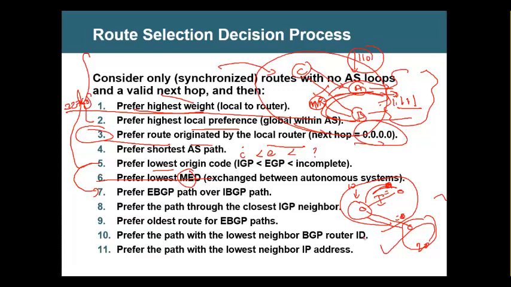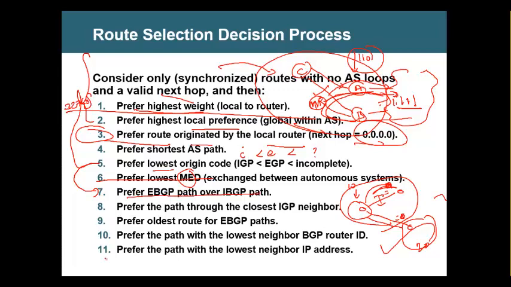Okay. So BGP preferring EBGP over IBGP is only attribute 7. Now, what if there is a tie in all this? If there is a tie, what does it mean?